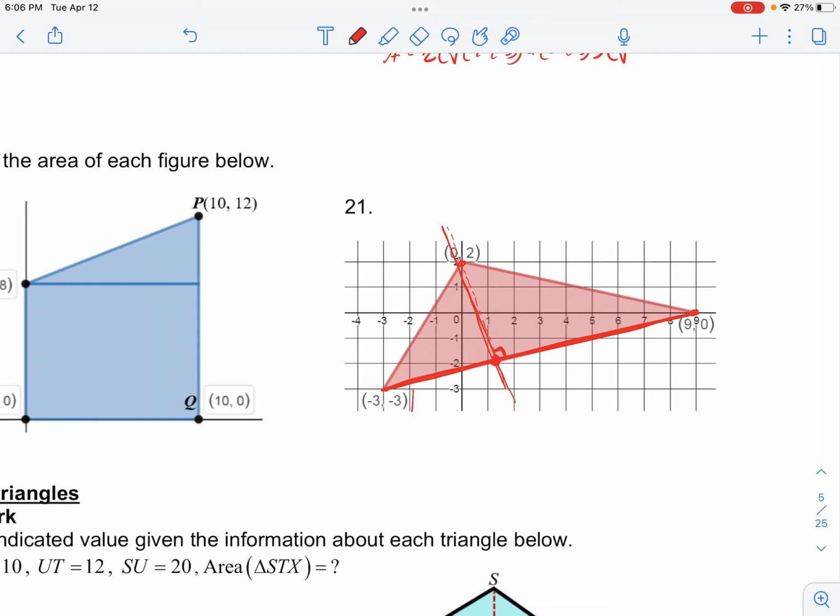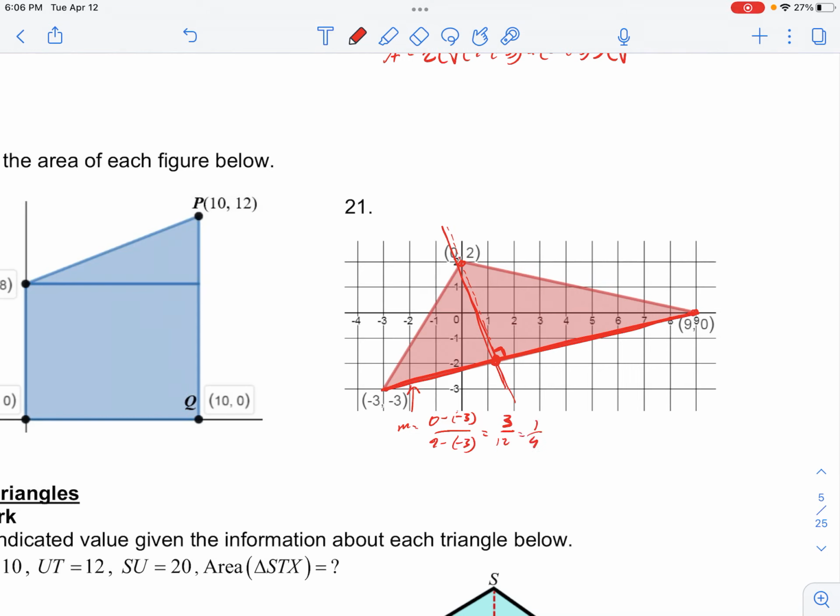So the slope of the base is going to be given by change in y over change in x. Let's do change in y: 0 minus -3 over 9 minus -3, which is 3 over 12, which is slope of 1/4.